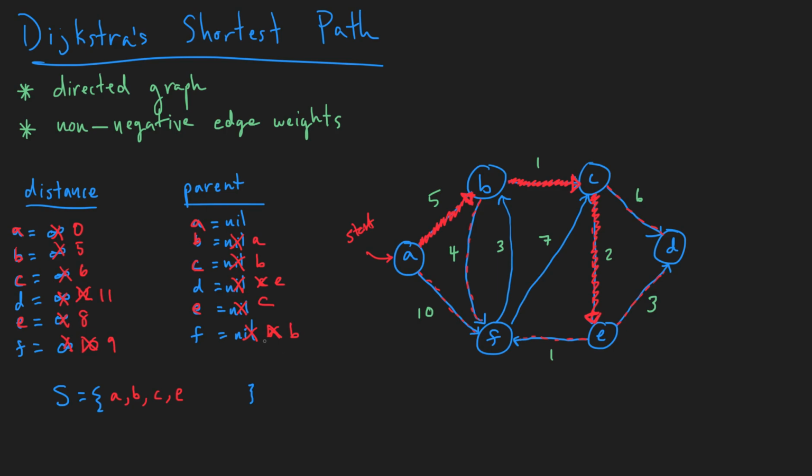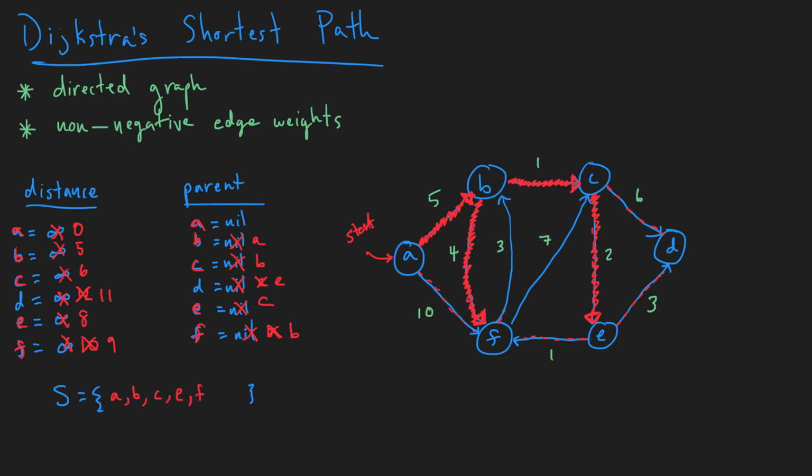So now we'll take the lower of the two values that are left in our queue, and we'll add it. That happened to be 9, and its parent is B. So let's just highlight this one. Now F, we found a shortest path to F, and we're done with that one.